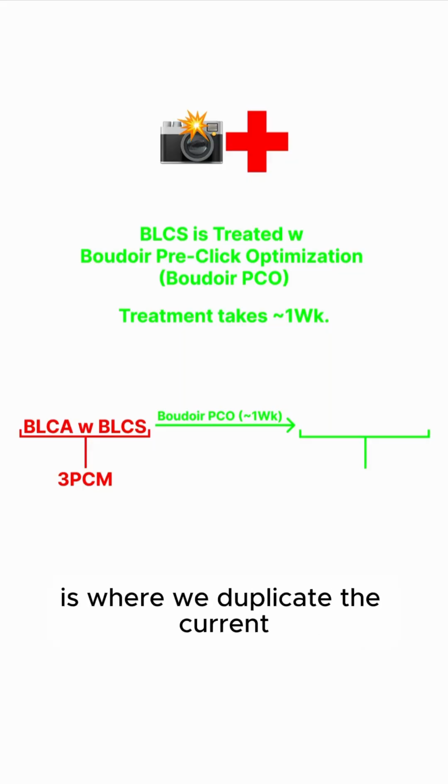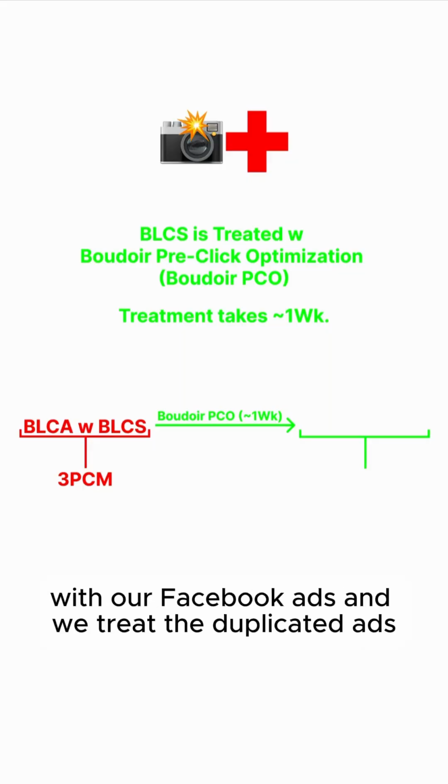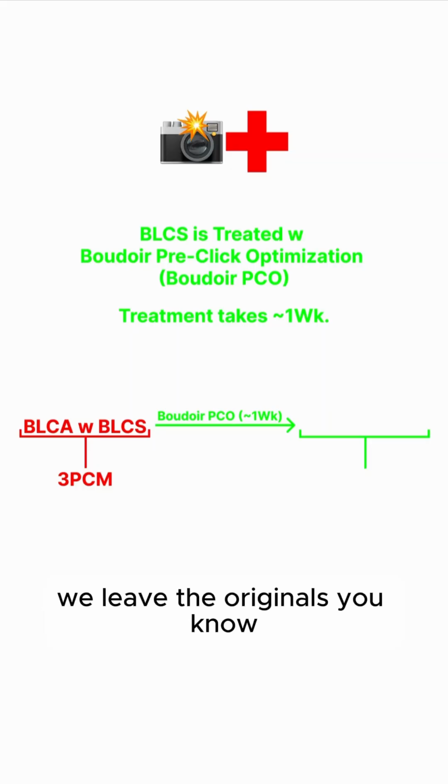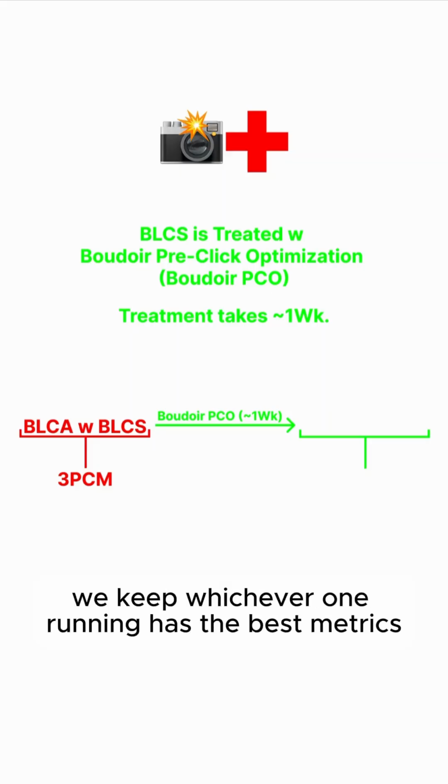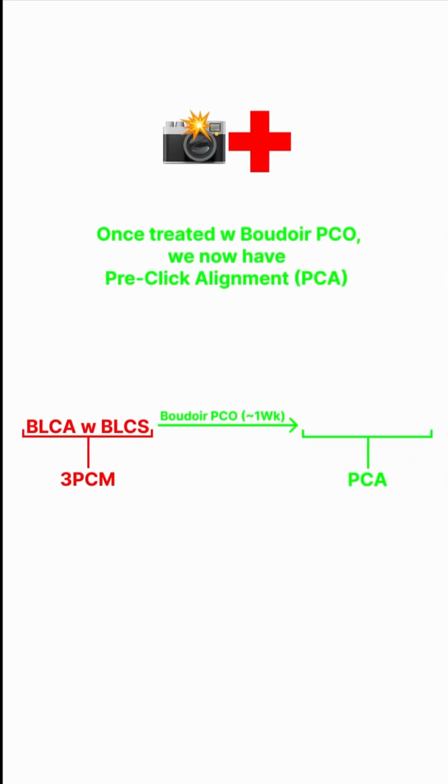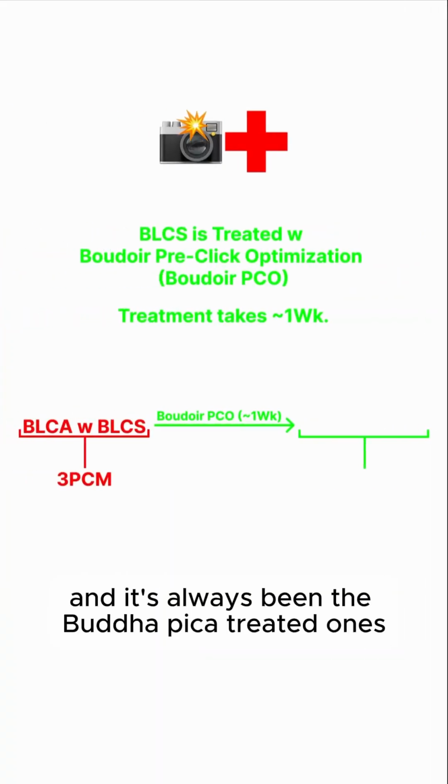Now, we invented this: we duplicate the current Boudoir Facebook ads and we treat the duplicated ads. We leave the originals on or off, whatever. We treat the duplicated ones, and at the end of the week, we keep whichever one running has the best metrics. And it's always been the Boudoir Pico treated ones.